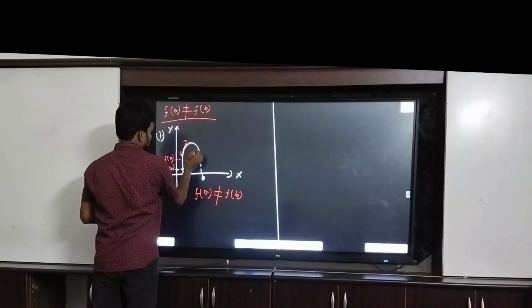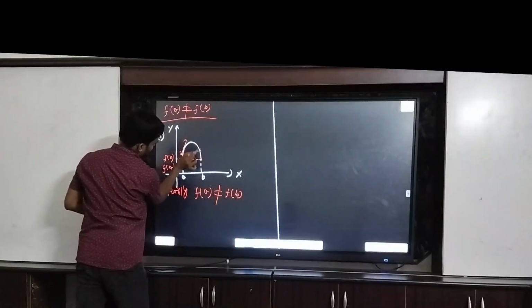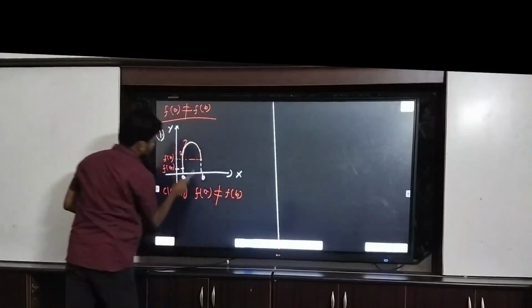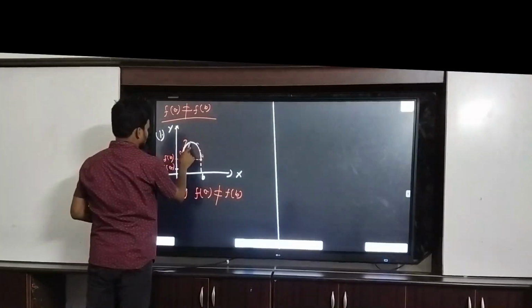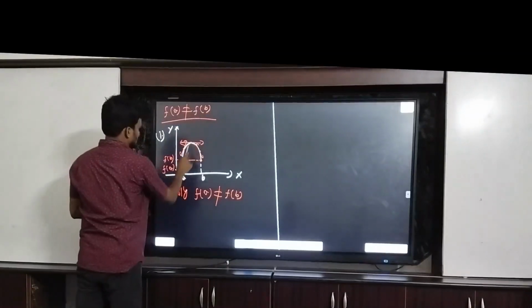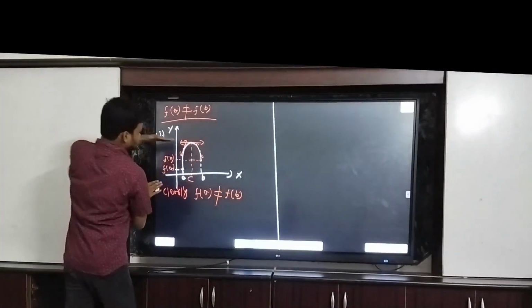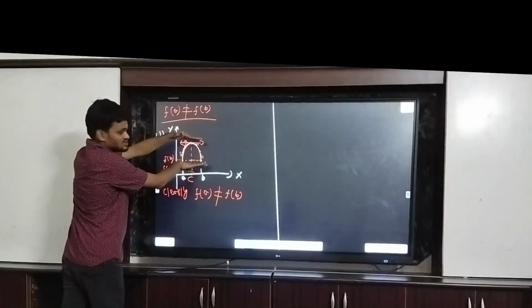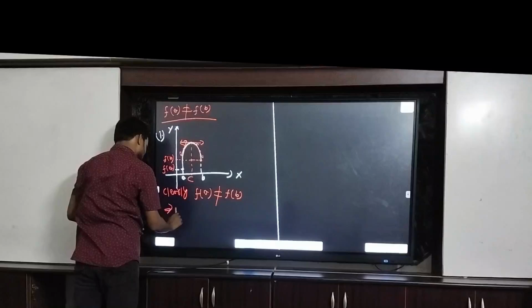If we plot a tangent at this point, it looks like this. Clearly, there exists a tangent which is parallel to the x axis, but f of A is not equal to f of B.